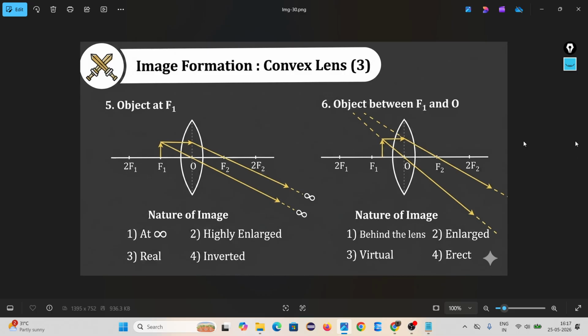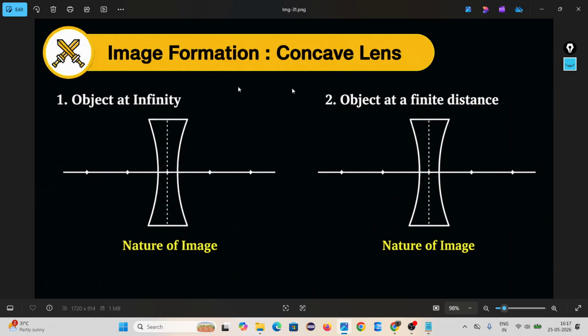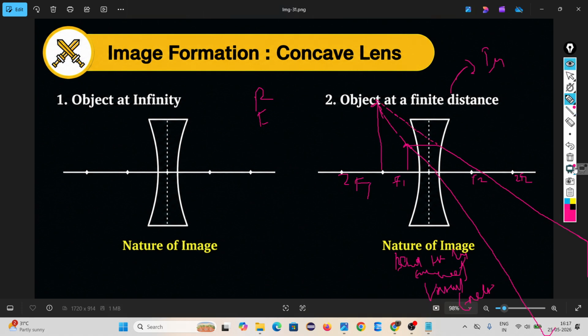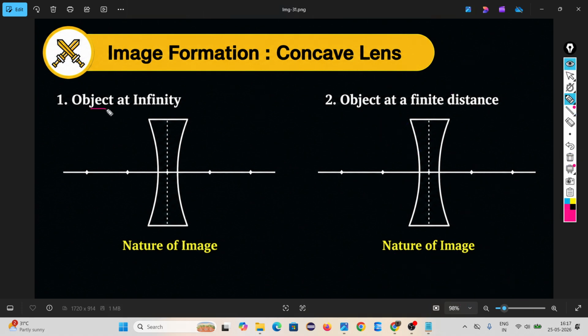Okay, sir. Then come to image formation by concave lens. In image formation by concave lens, two conditions are there: object at infinity, and object at a finite distance. Suppose the object is at infinity.